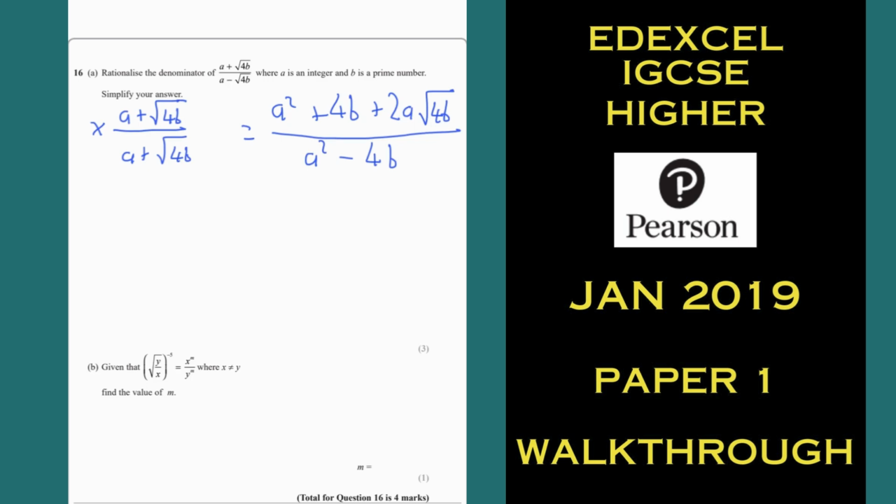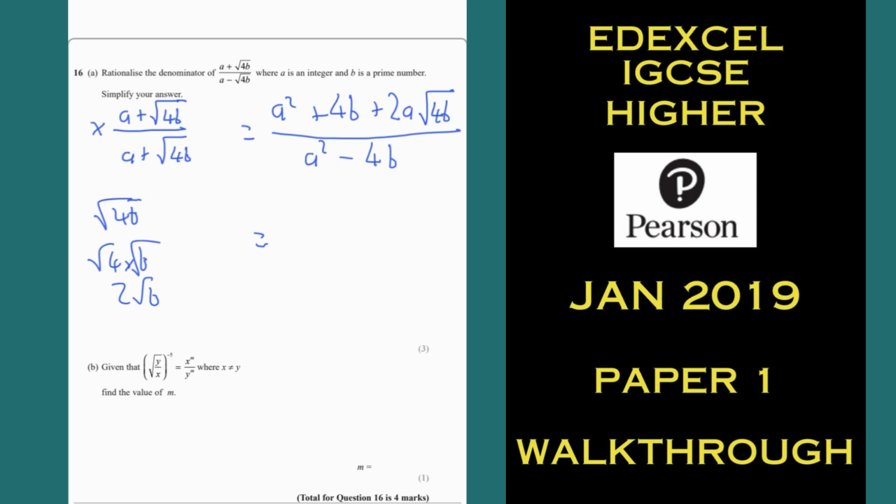Now, before you think you're done, notice it does say where a is an integer and b is a prime number, simplify your answer. You haven't quite finished, I'm afraid. Here's the reason. Root 4b is root 4 times root b. So it's 2 root b. So that 2 needs to come out.